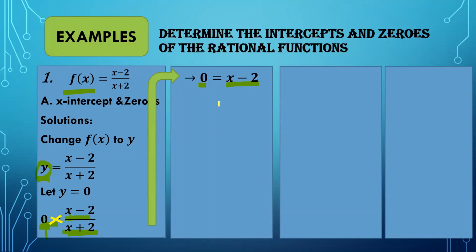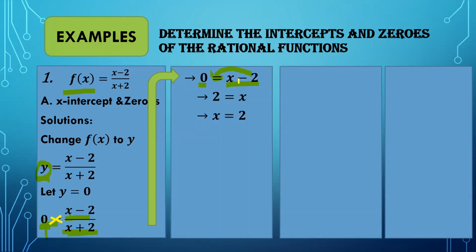So next, by transposition, from negative 2, 0 is equal to x minus 2. If we use the transposition property or the additive inverse, this will yield 2 is equal to x, or just x is equal to 2.